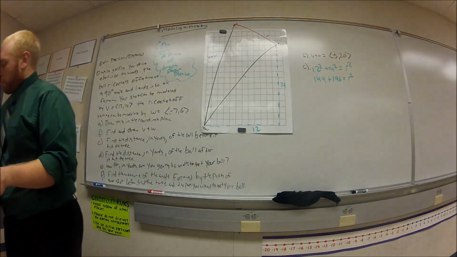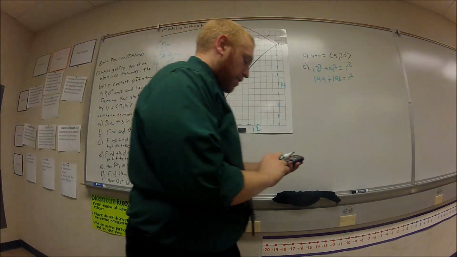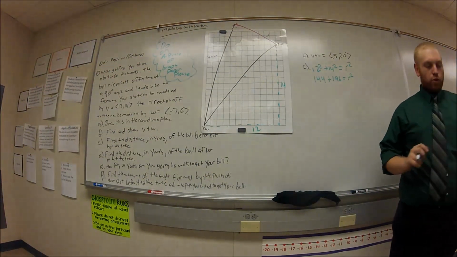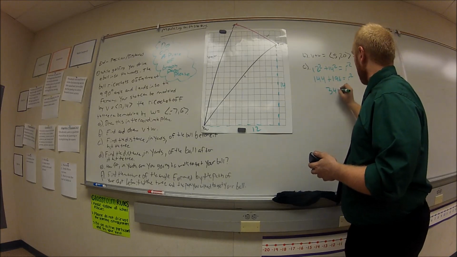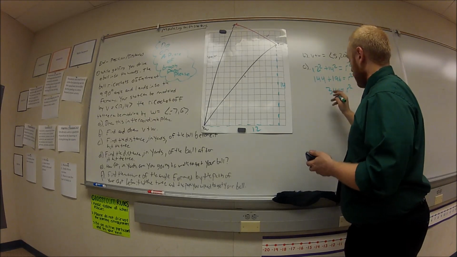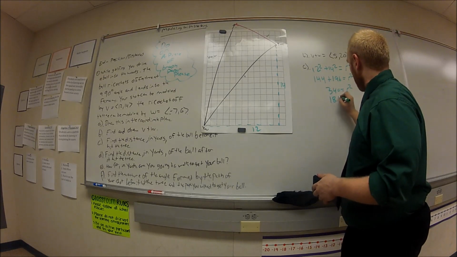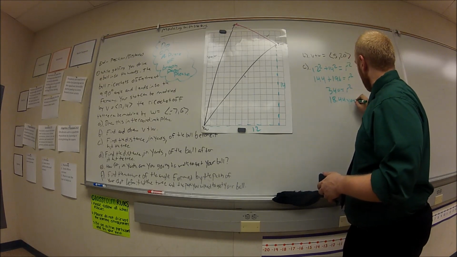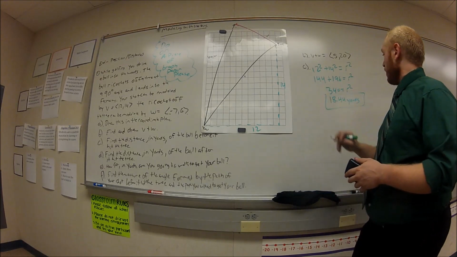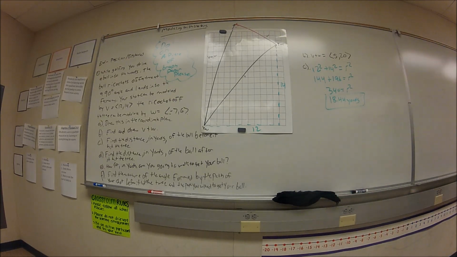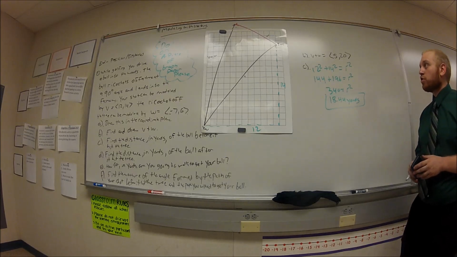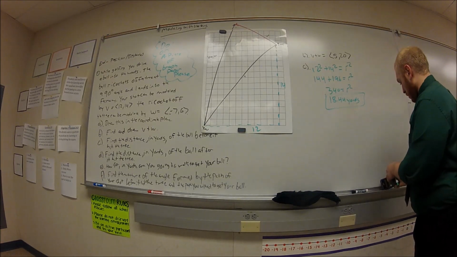And then 144 plus 196 is going to be 340. Take the square root, and you get 18.44 yards. So that means your shot went 18.44 yards before it hit the tree and it started ricocheting.